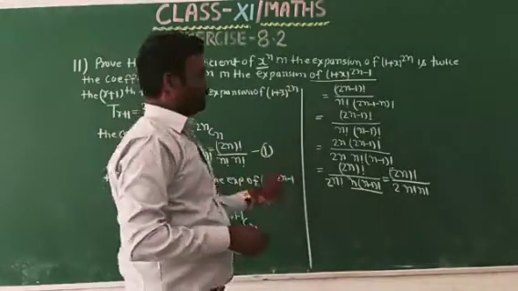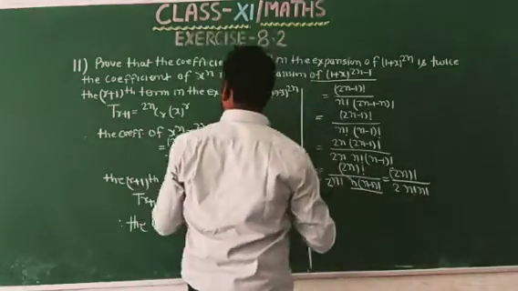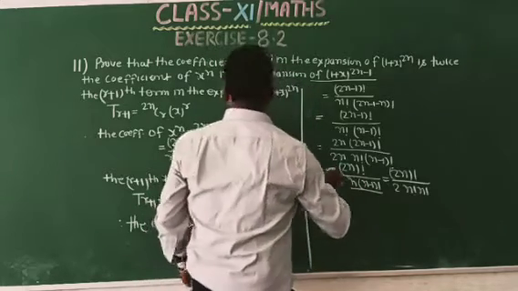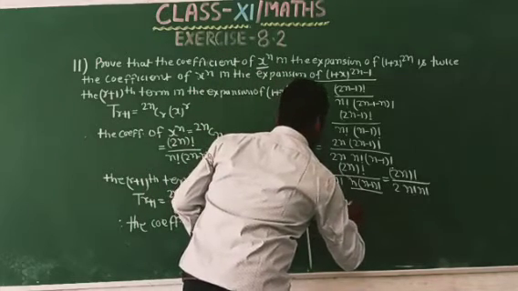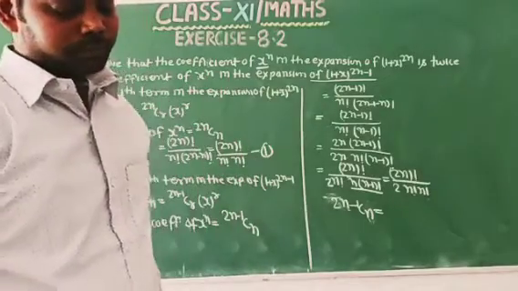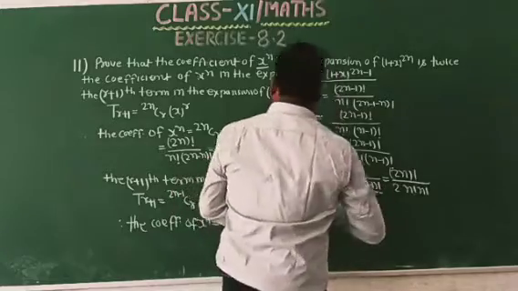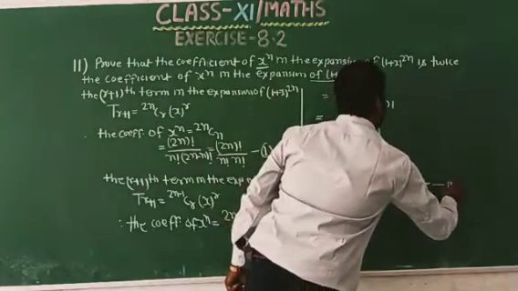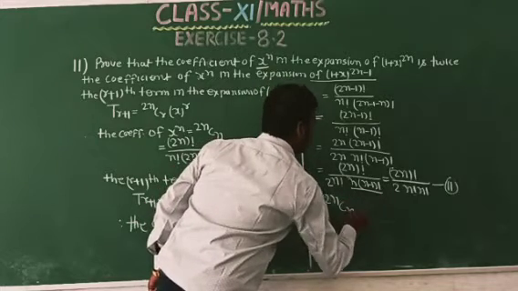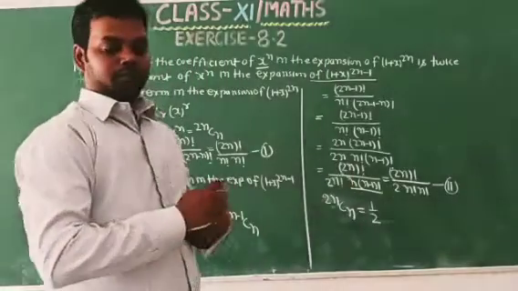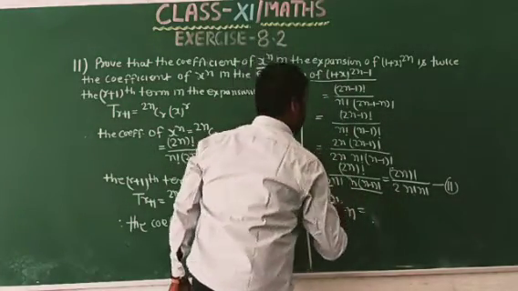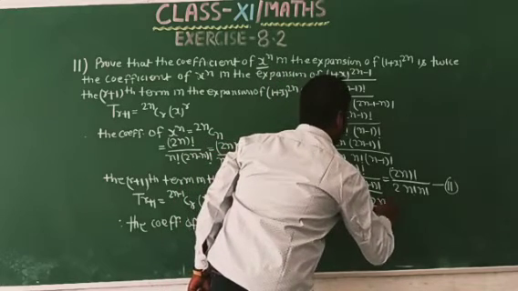Now comparing from equation 1, okay, the coefficient of 2n C n from equation 1 and the coefficient of 2n minus 1 C n from equation 2, the coefficient of 2n C n is twice the 2n minus 1 C n.